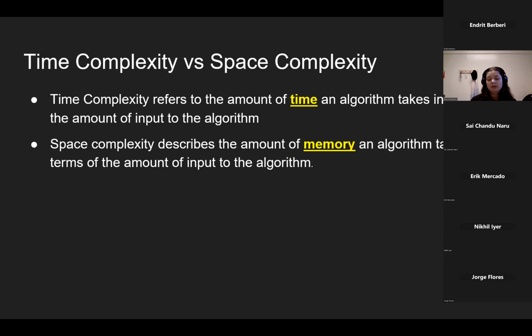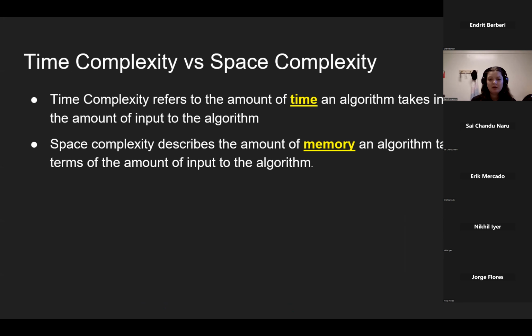So far I've talked about time complexity, and that is obviously talking about the amount of time that an algorithm might take to execute, or to process the input given to it. Space complexity, however, describes the amount of memory that an algorithm takes to process the input given.